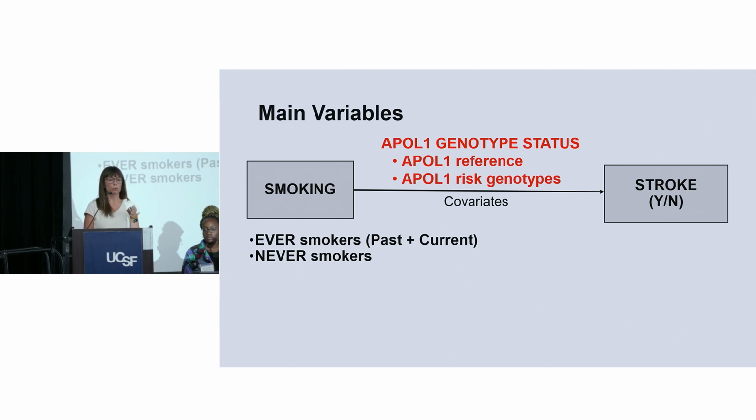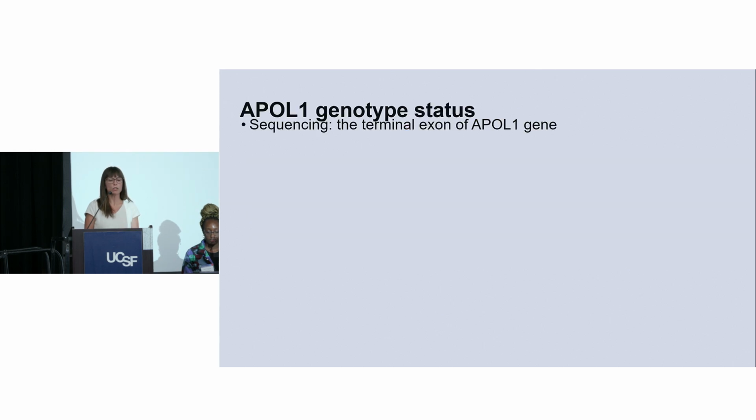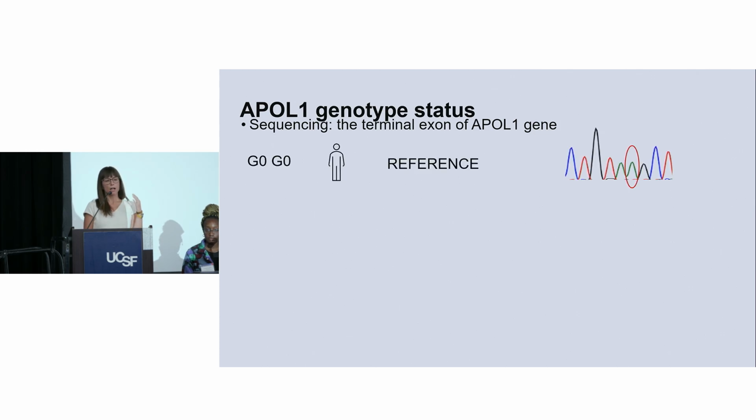So in order to do this, we had to do the sequencing, so we had to assess the APOL1 genotype status. And so we did the sequencing of this APOL1 gene, and then the status was assigned for each participant.